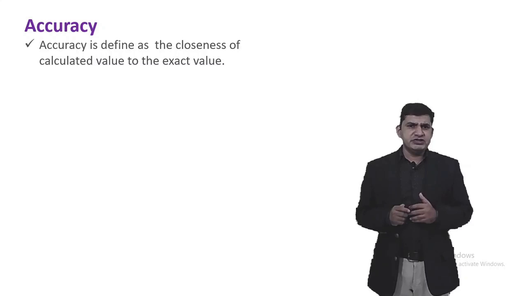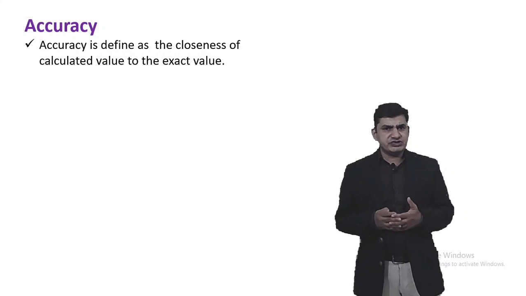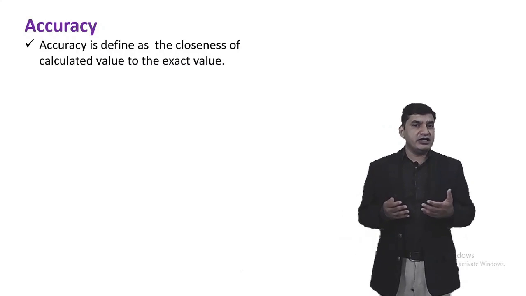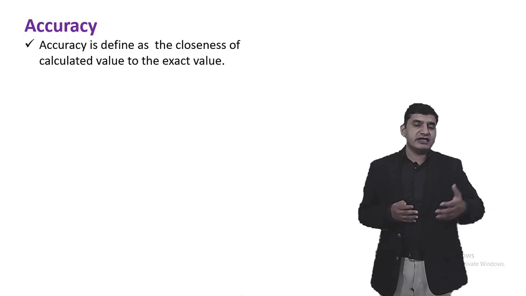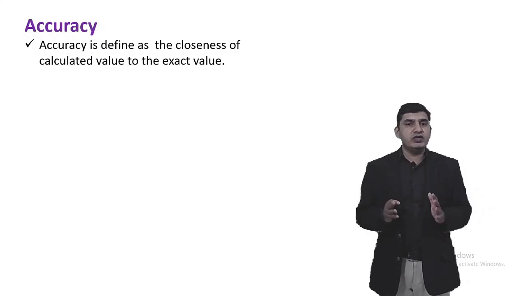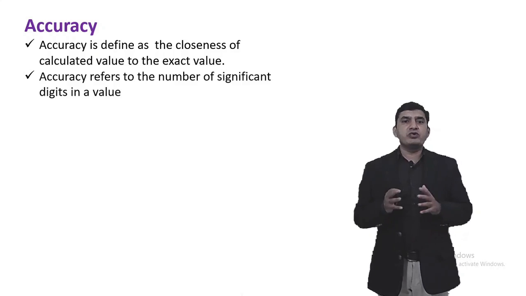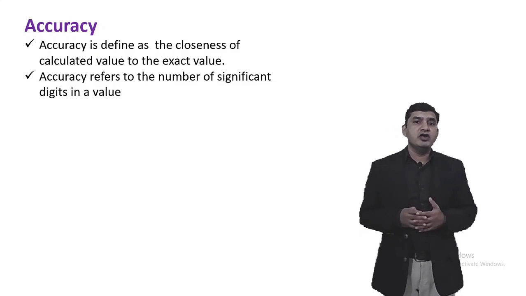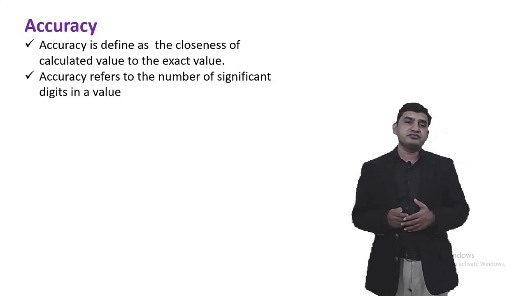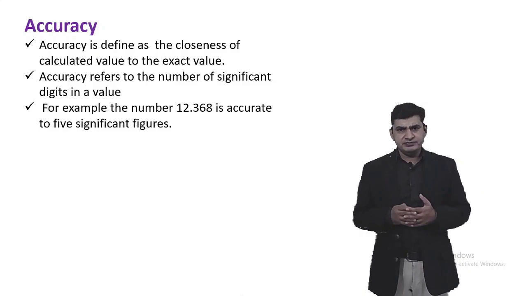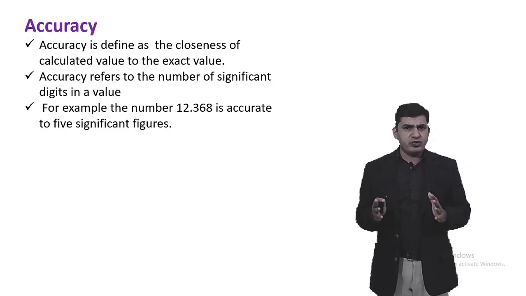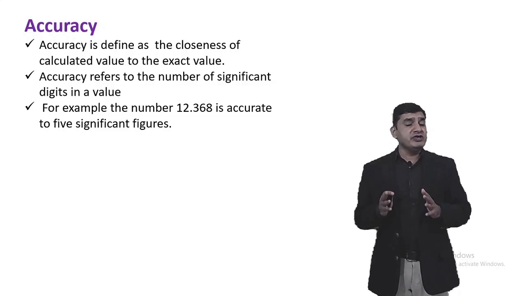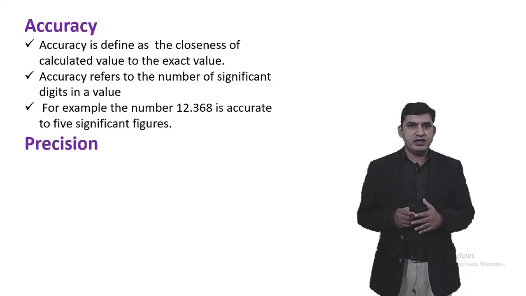So accuracy: the closeness to the calculated value or exact value is known as accuracy. Accuracy refers to the number of significant digits in the value. For example, the number 12.368 is accurate to 5 significant figures.